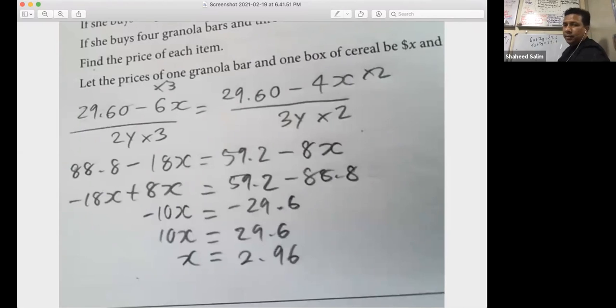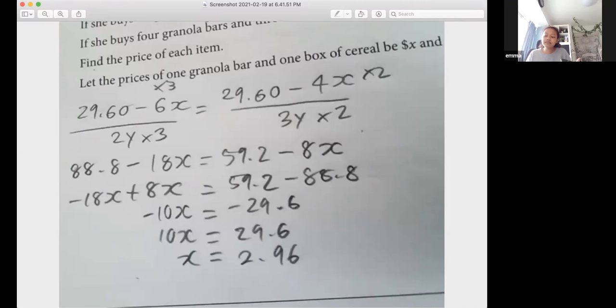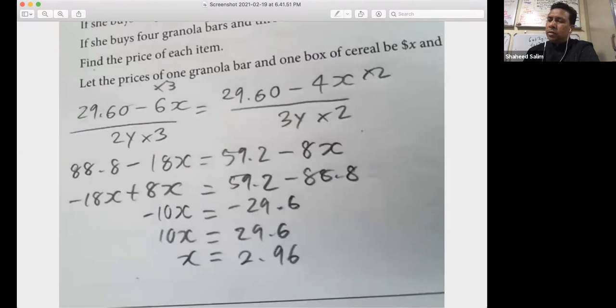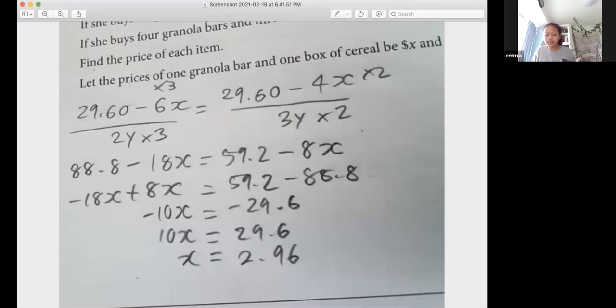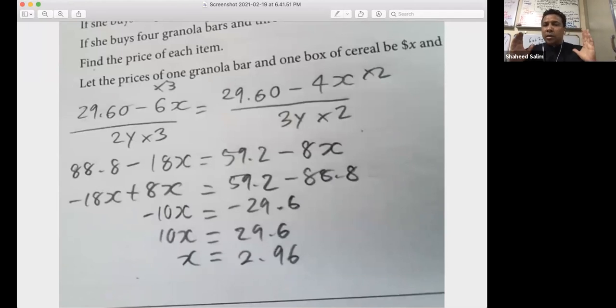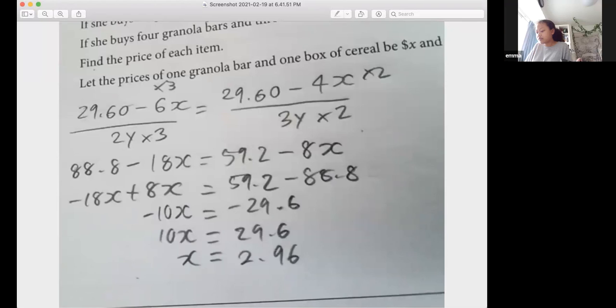Same price. They say be short. Short means she doesn't have enough money. So what should it be? $30.40. Yes, well done.